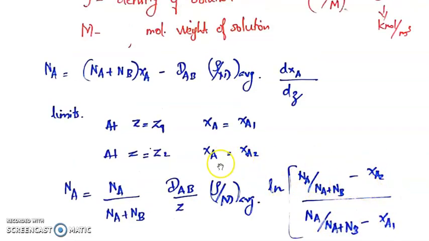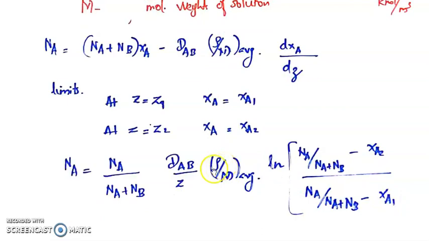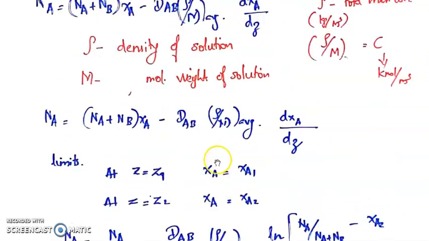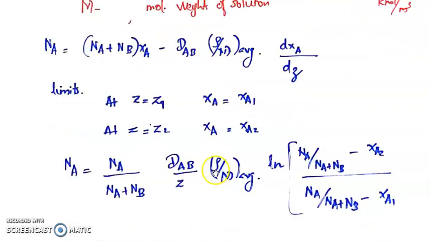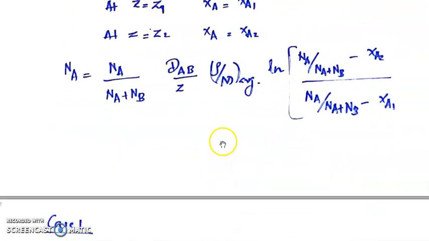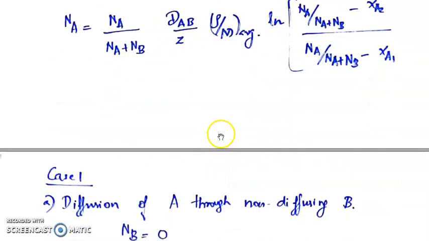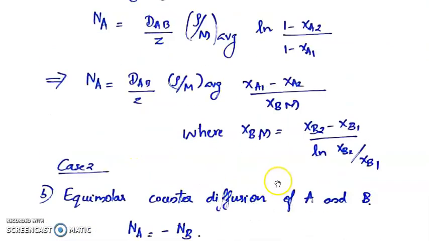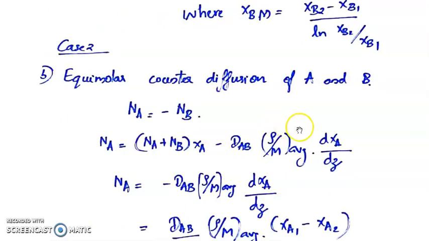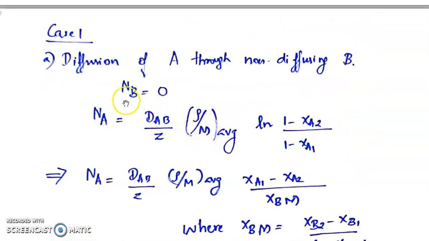The solution for this will be given separately. Now, this is the general equation, but we are more interested in two particular cases, that is diffusion of A through non-diffusing B and equimolar counter-current diffusion of A and B.